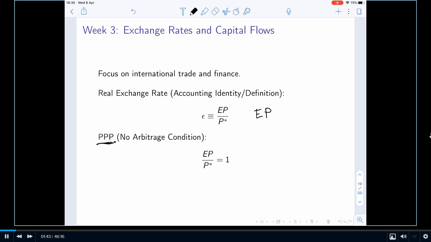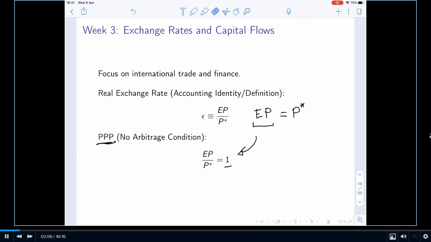So this is the average price of the domestic basket of goods expressed in terms of the foreign currency, and if that is equal to how much that same basket of goods costs in the foreign country, in foreign currency, then we get this condition, which is another way of saying that the real exchange rate is equal to 1.